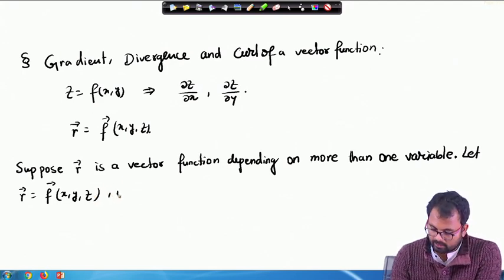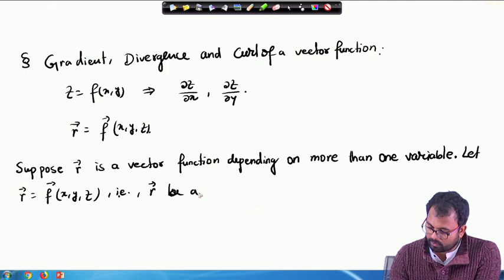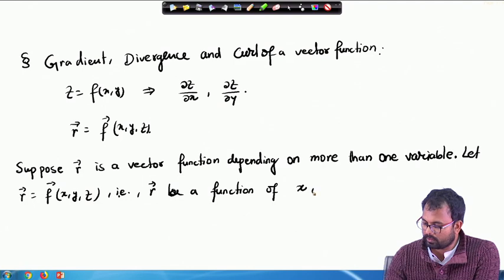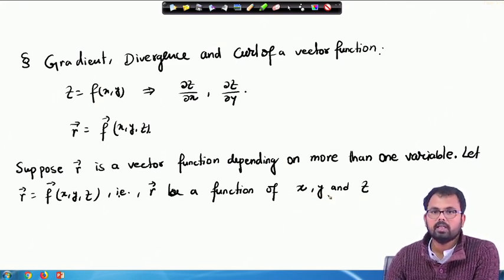So r is a vector function of three scalar variables x, y and z.